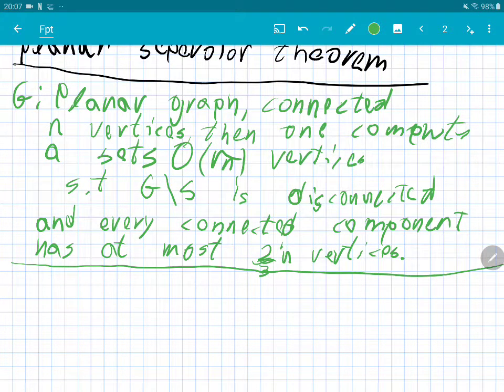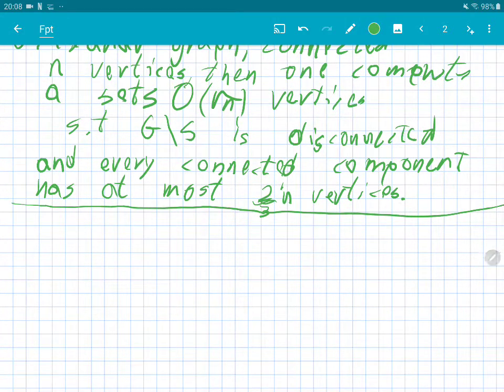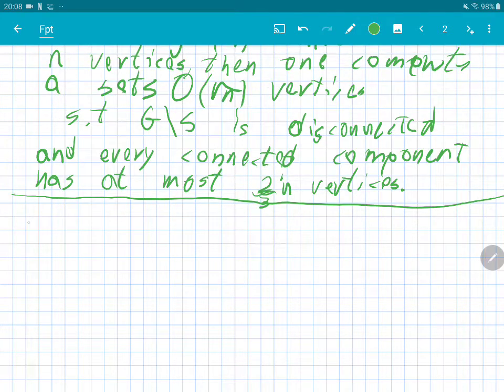And I'm not going to prove it because it requires some work and it's not directly related. What we need is something slightly weaker. So let me state the lemma.